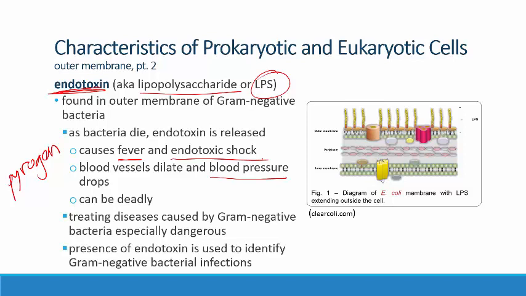If there's a large number of dying gram-negative bacteria, they'll release endotoxin in sufficient amounts that it can even kill the patient.